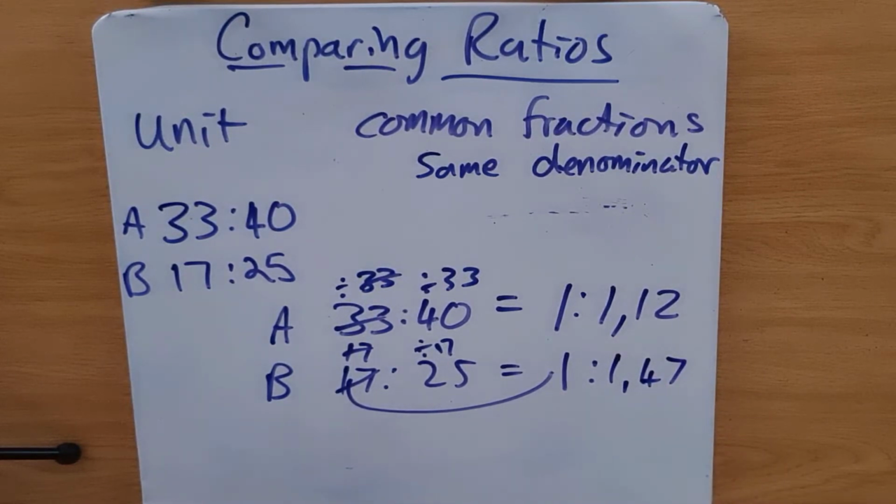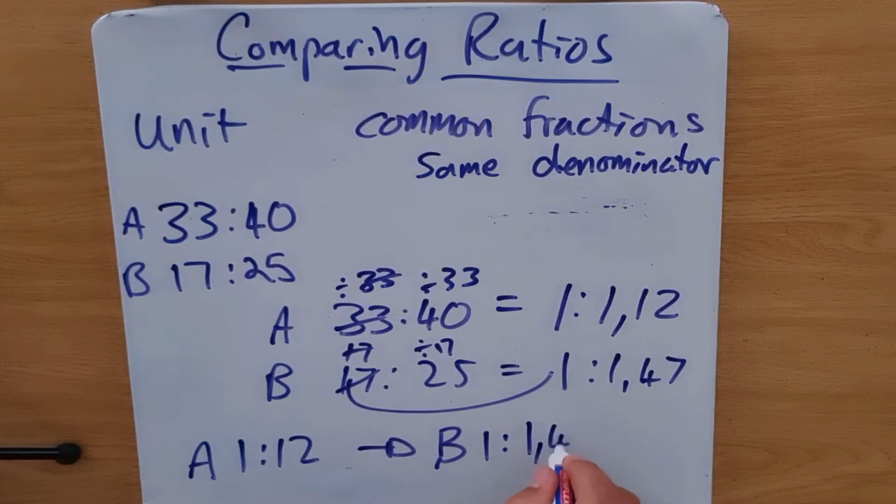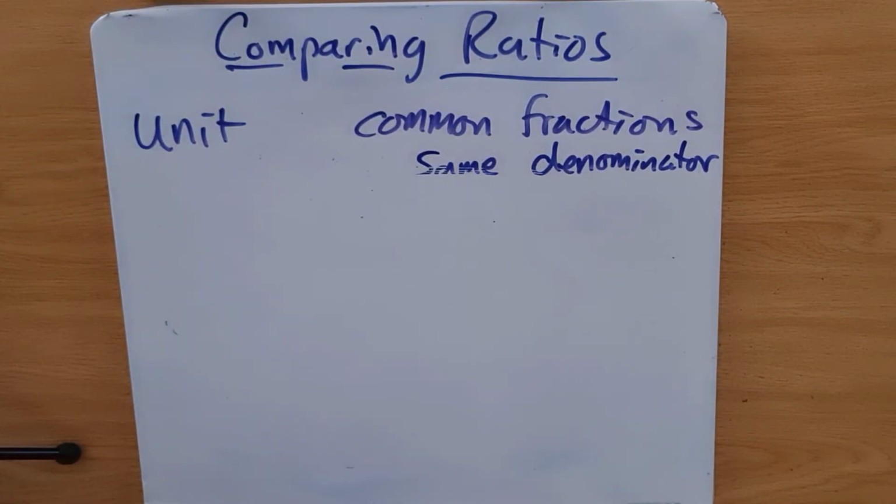So now when I compare school A and I compare school B, I'm comparing apples with apples, the same thing with the same thing, and then I can see which one has the highest ratio of girls to boys. So that is using the unit ratios.